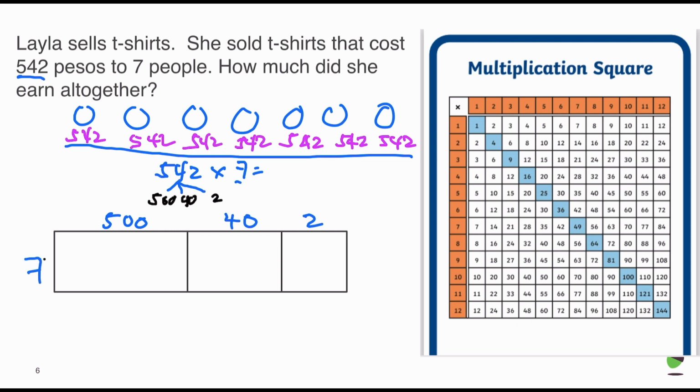Okay, so what are we going to do? Si 500 muna uulitin. Or we're going to multiply 500 into 7. Okay, so 7 na 500. We have 7 times 5 is 35. And then ilan po to? 2. Okay, next. Si 7 naman, imumultiply natin kay 40. So, 7 times 4, you have 28.